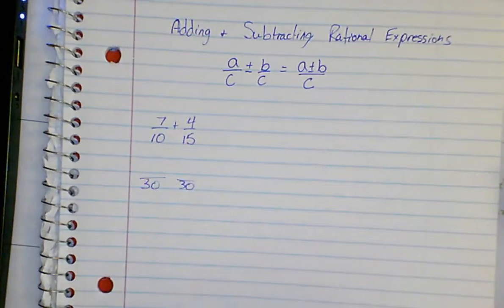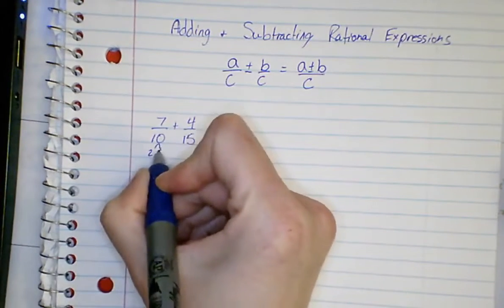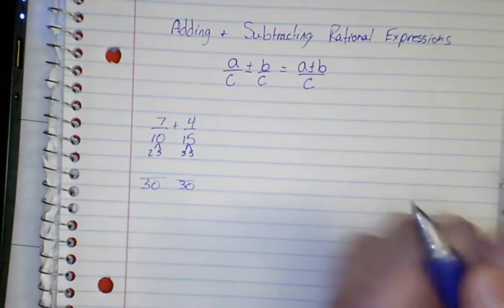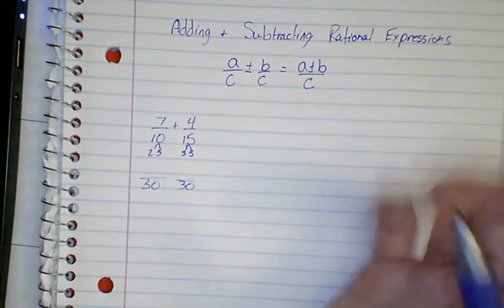Or if you want to look at this by a rational expression method, 10 is 2 and 5, 15 is 3 and 5, so we factored our denominators.